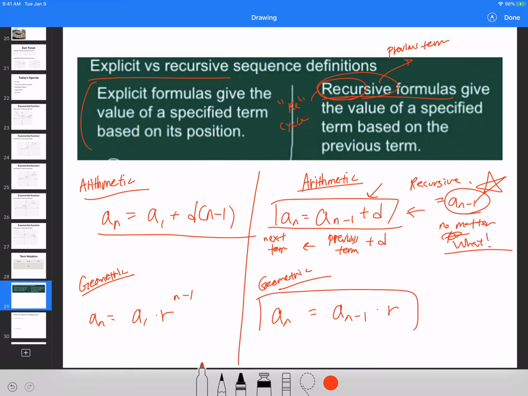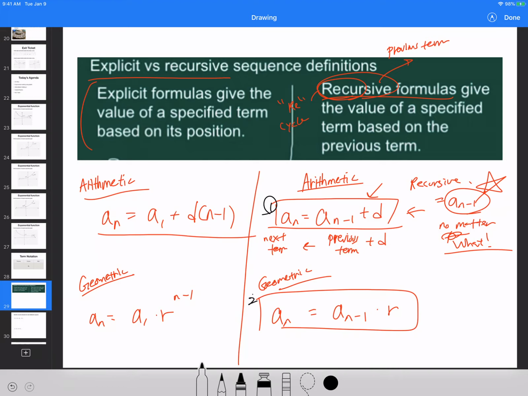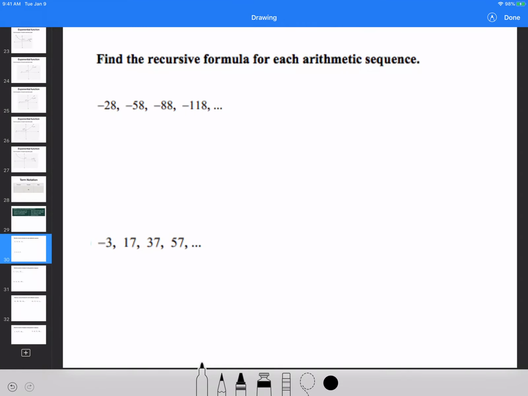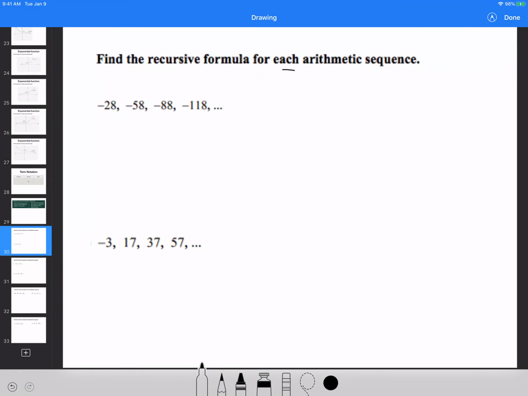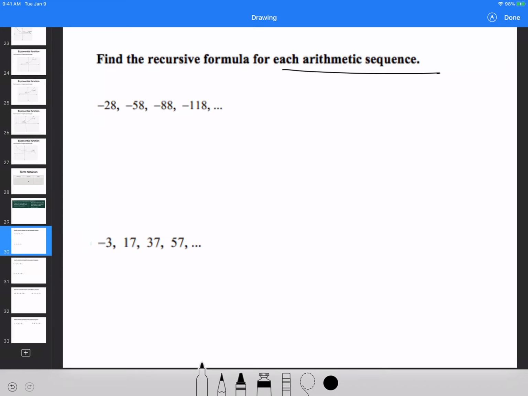So these would be the new formulas, 1, 2, for recursive formulas for the sequences. Let's try some of these questions. I'm going to give you one question for arithmetic and one question for geometric to do, and you need to write down the recursive formula for those two. Okay.